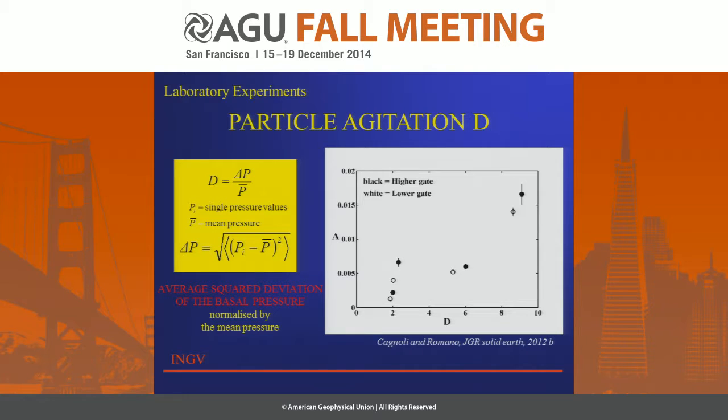Okay, let's measure again particle agitation, this time by means of this parameter, which is an average square deviation of the basal pressure, which is then normalized. You see that agitation A, which was measured by means of the speed of the particles, and agitation D, which is measured by means of the basal pressure, are positively correlated, as expected.